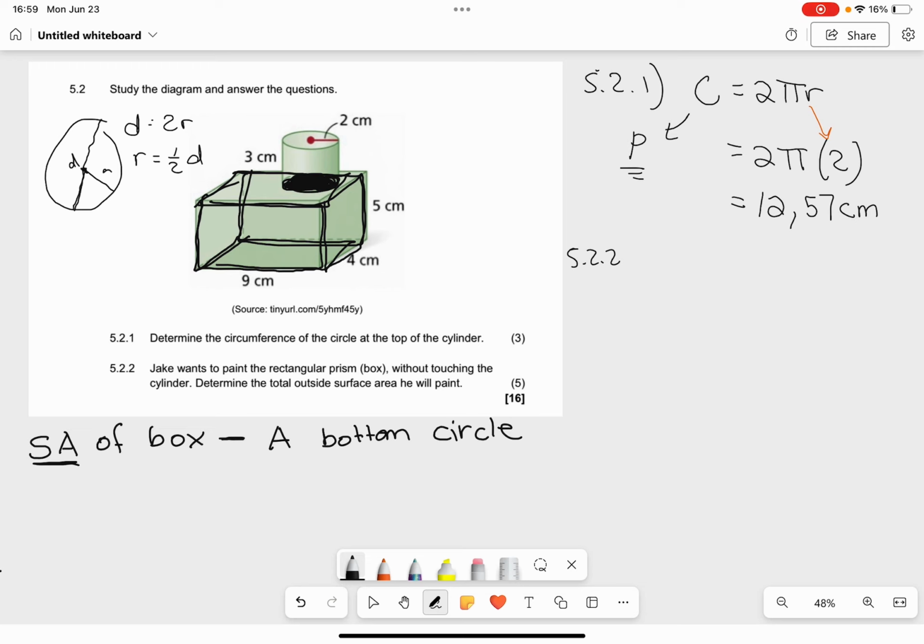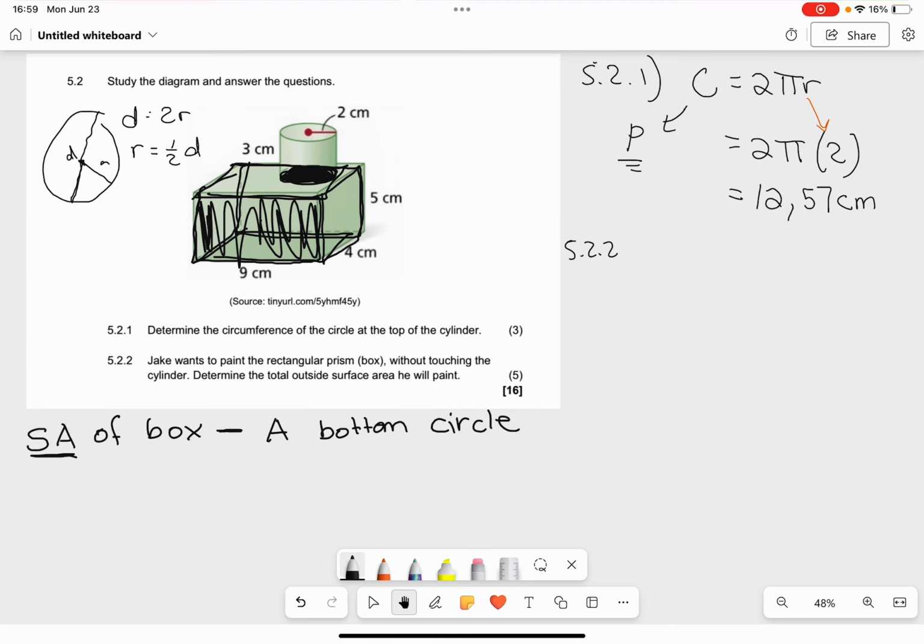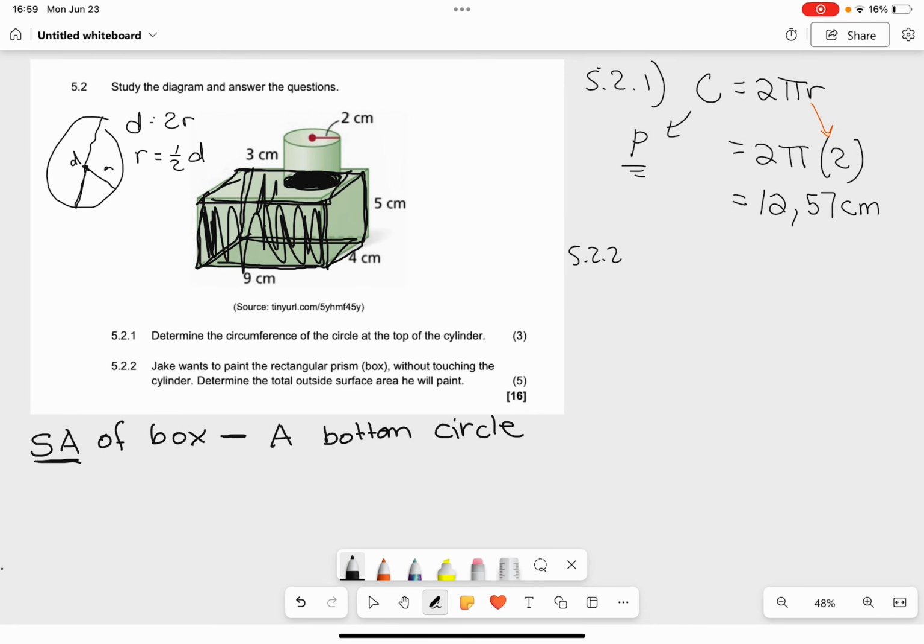This front side has an identical twin, which is the back side. This side has an identical twin, which is this other side. And this bottom side has an identical twin, which is the top side. So as long as you know the three, the front, the side, and the bottom, you're just going to multiply them by 2.